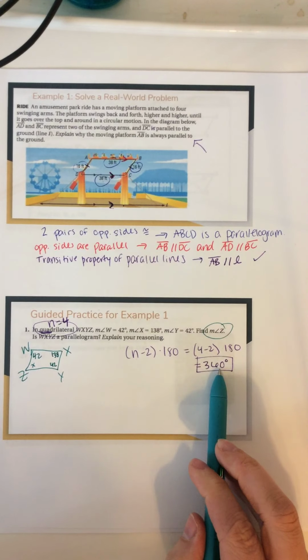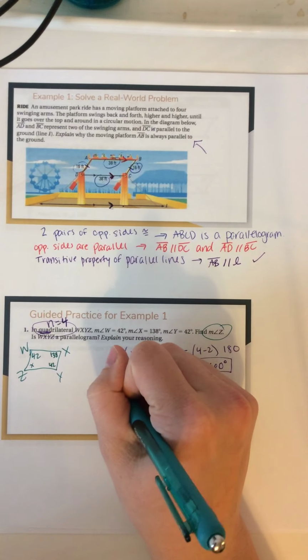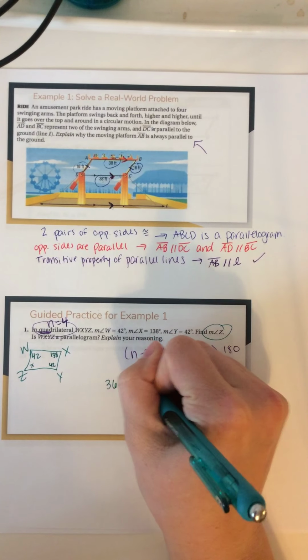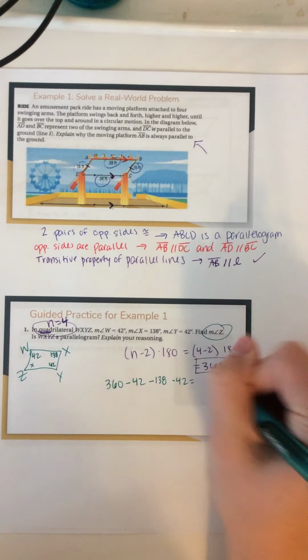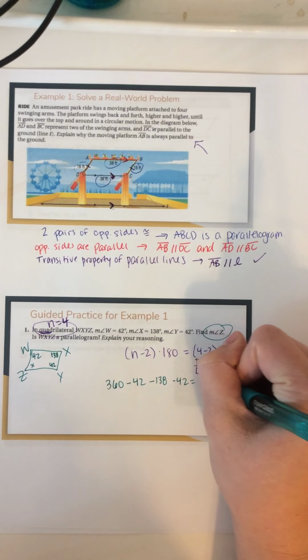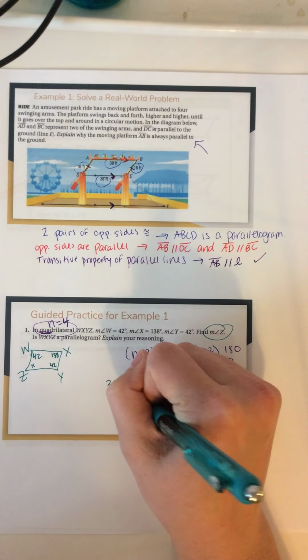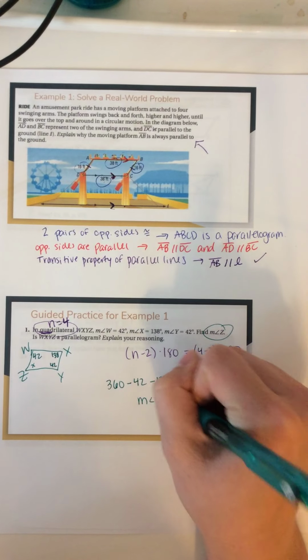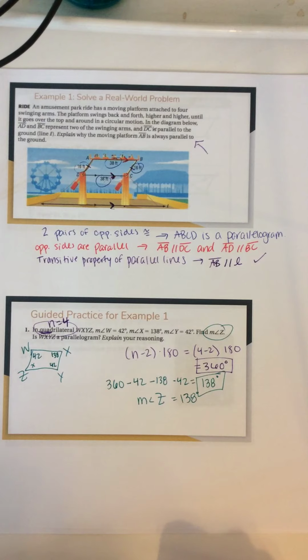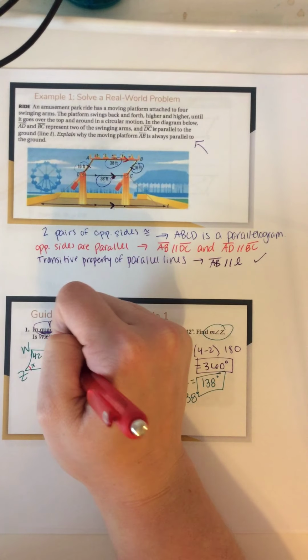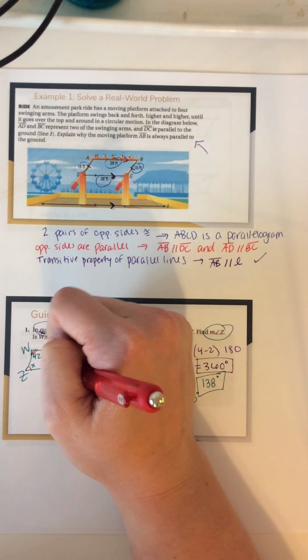Well, I know they're all going to add to be 360. So if I do 360 minus 42 minus 138 minus 42, I end up with 138 degrees, meaning the measure of angle Z is 138 degrees, which means our opposite angles are in fact congruent.